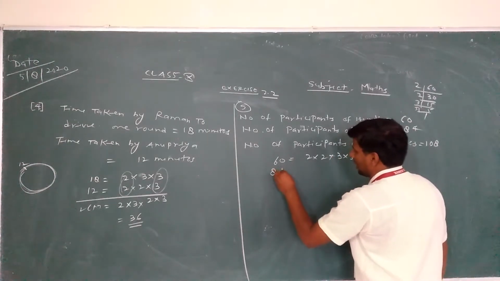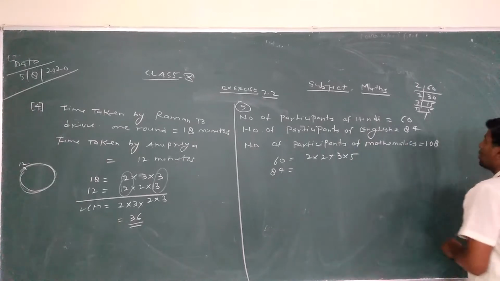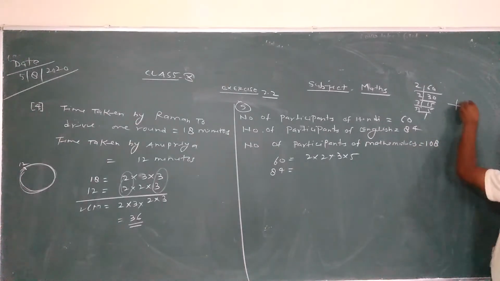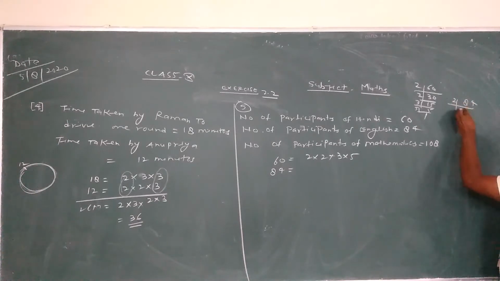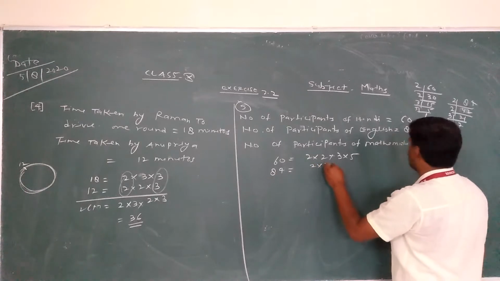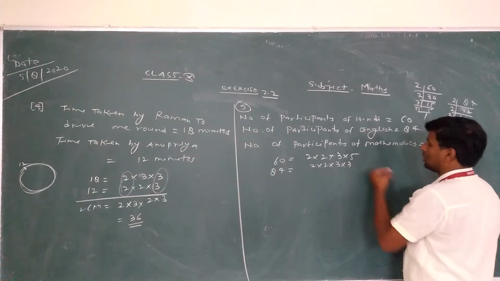Next is 84: 2, 42, 2, 21, 3, 7, so 2 into 2 into 3 into 7.